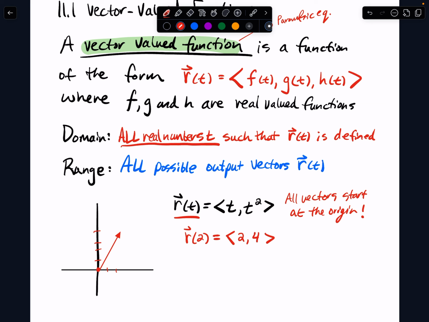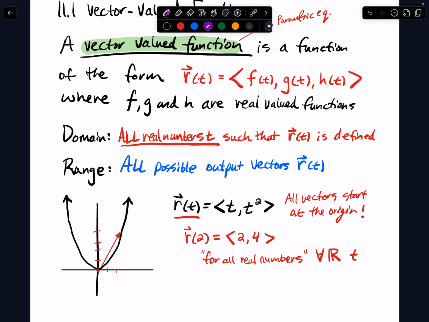Okay, and if I were to do this for all real numbers t, and have my vectors go through, the curve that would be plotted out would look like this.